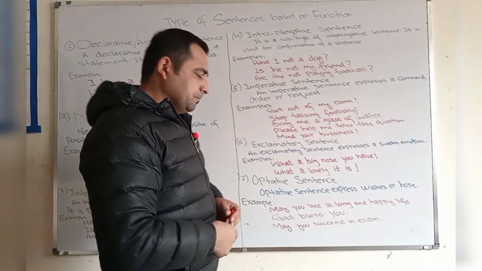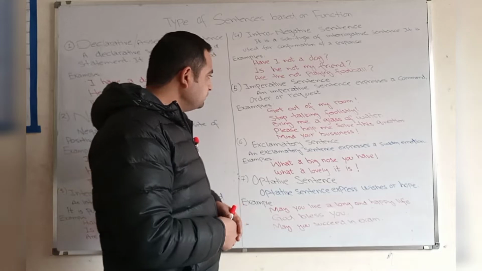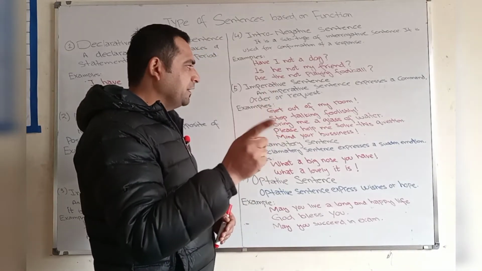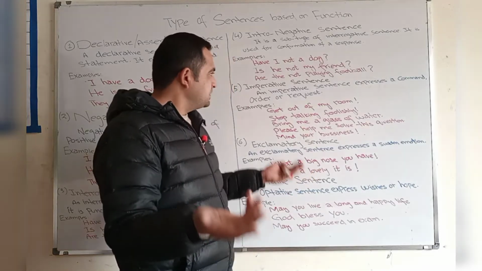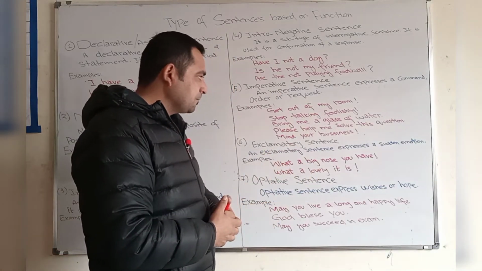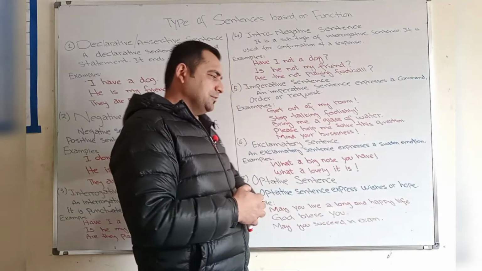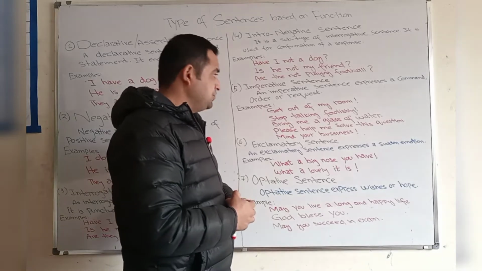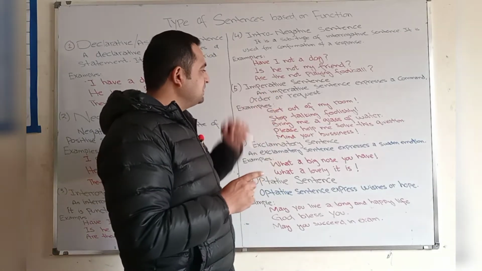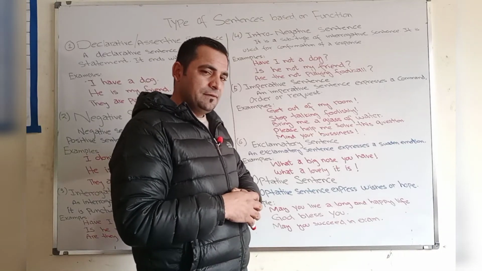Get out of my room. How does it sound? Of course, it's an order. Stop talking foolishly. Again, what is this? This is an order. Bring me a glass of water. Again, this is an order. Please help me solve this question. Now it's a request. Mind your business.